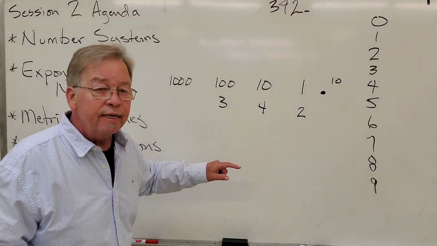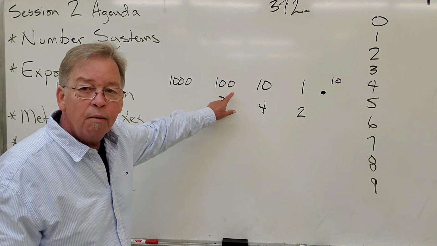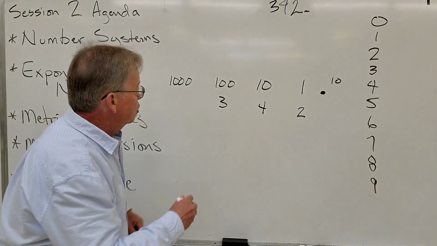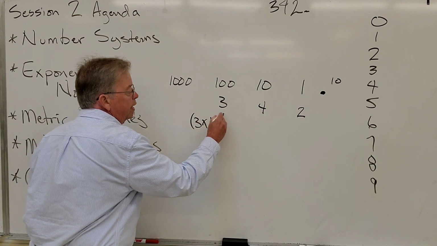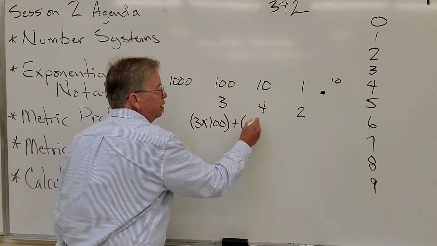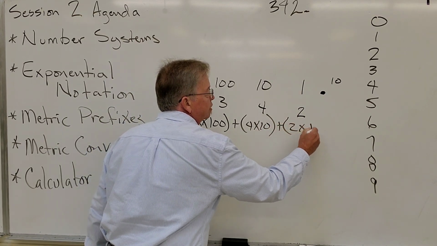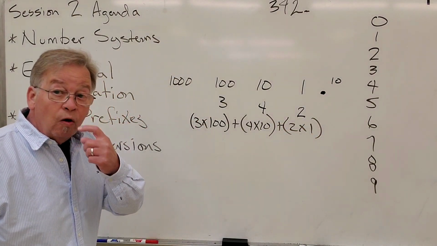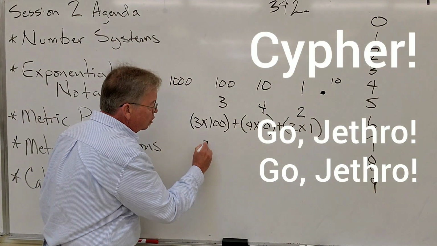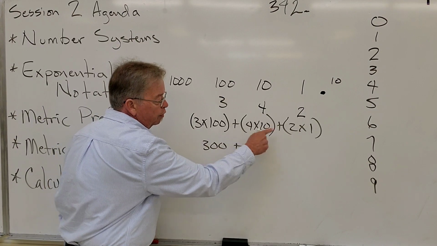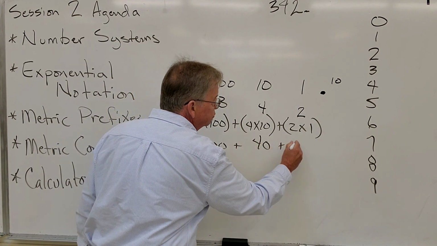What happens is it's the digit times the column weight plus the digit times the column weight plus the digit times the column weight. And so if we cipher this on down, 3 times 100 is 300, 4 times 10 is 40, and 2 times 1 is 2.